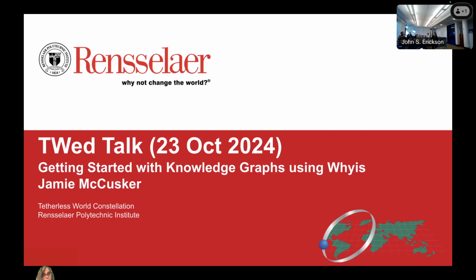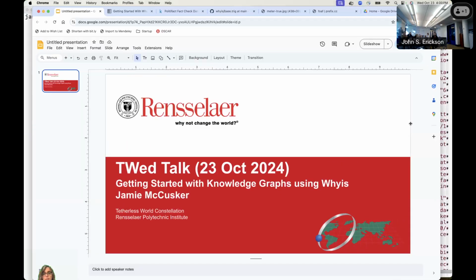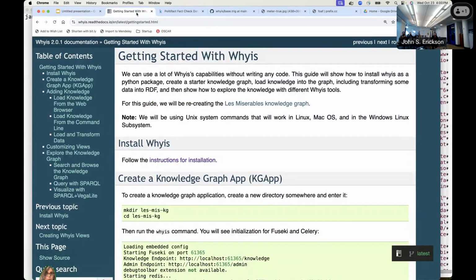Thank you. So Whyis is a knowledge graph framework for developing knowledge graphs. It is available through the Python package index, and I'll go through the process of showing that.